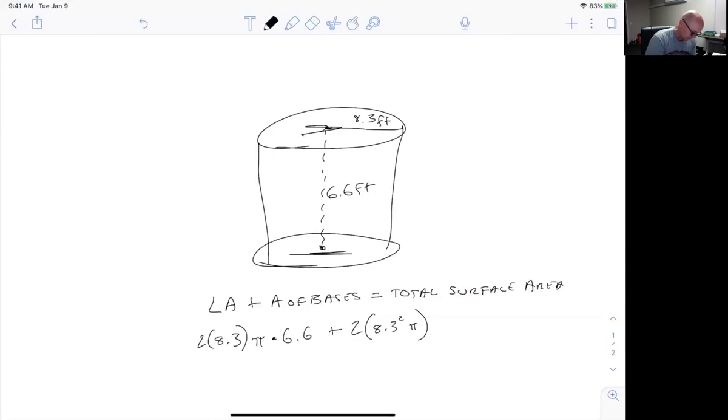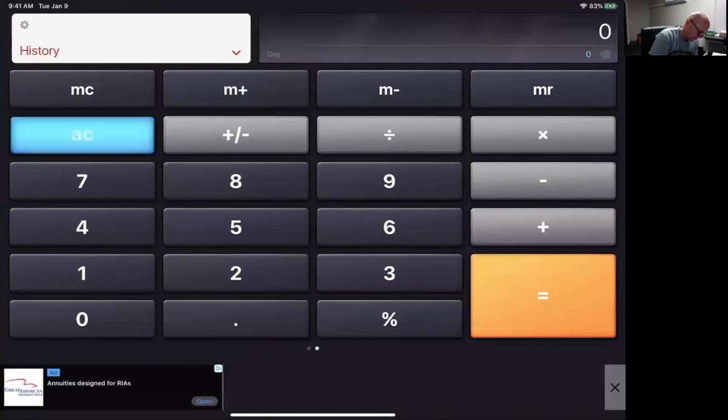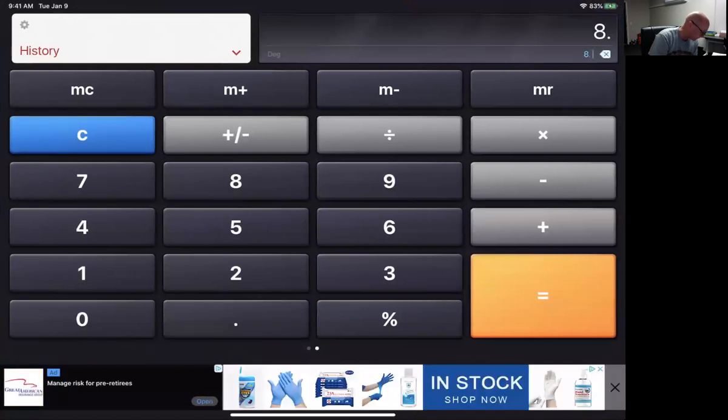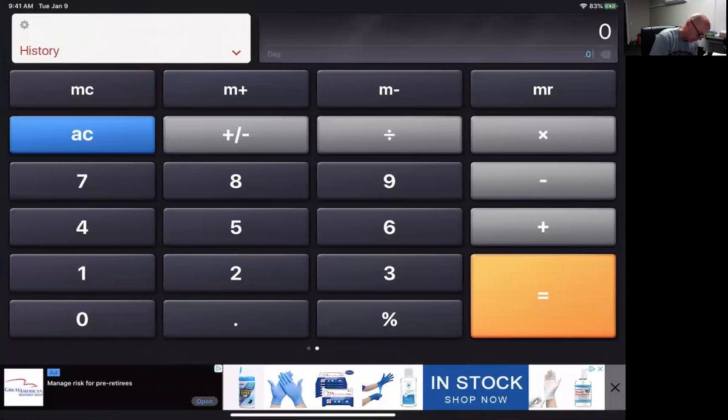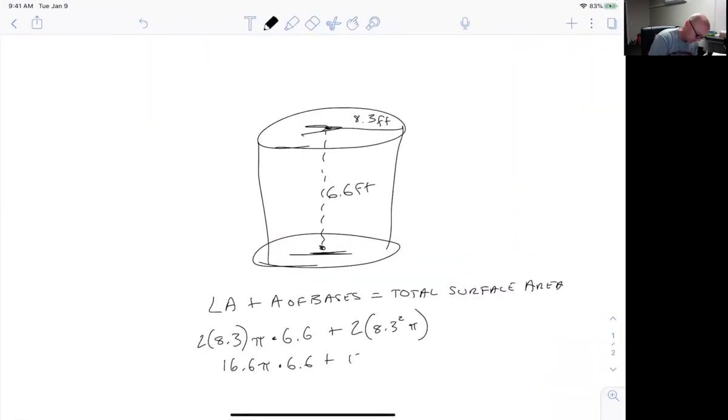Let's do 8.3 times 2, which should be pretty simple. 8.3 times 2, 16.6 pi. I'm just going to leave it like that for now. Multiply it by 6.6, add that to 8.3 squared, and then multiply that by 2. I get 137.78 pi.